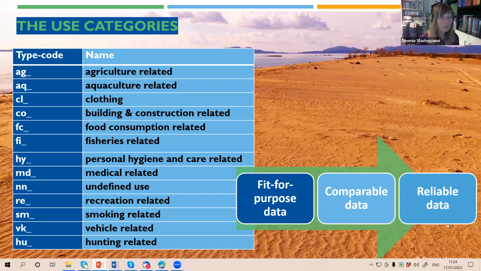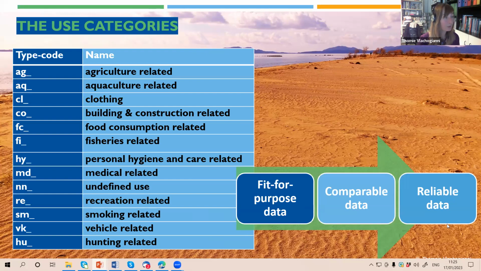And of course, this high level of detail, which for some of you might be something new, is required in order to understand the exact human-induced activity that generates this litter, in order then to take tailor-made action and make a targeted intervention.